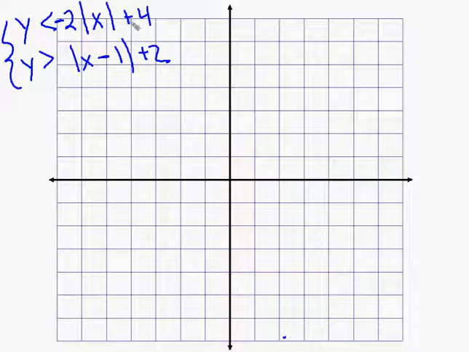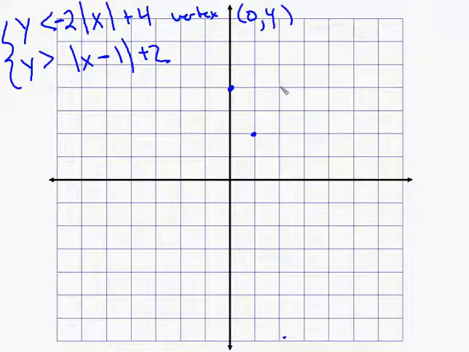All right, so what's my vertex for that first one? 0, 4. And then when I go right 1, what's the absolute value? 1. Times my stretch factor, so I go down 2.